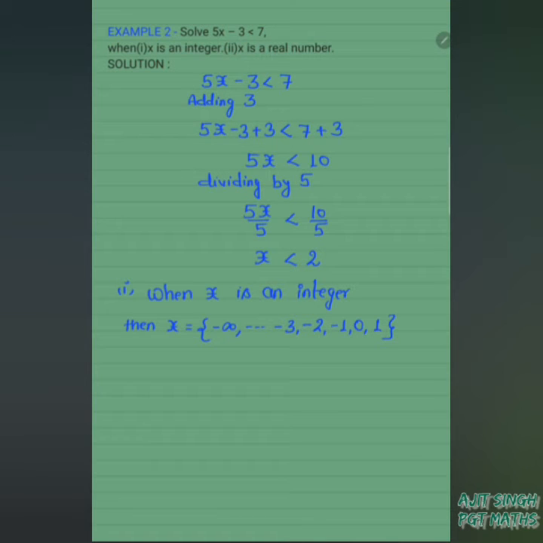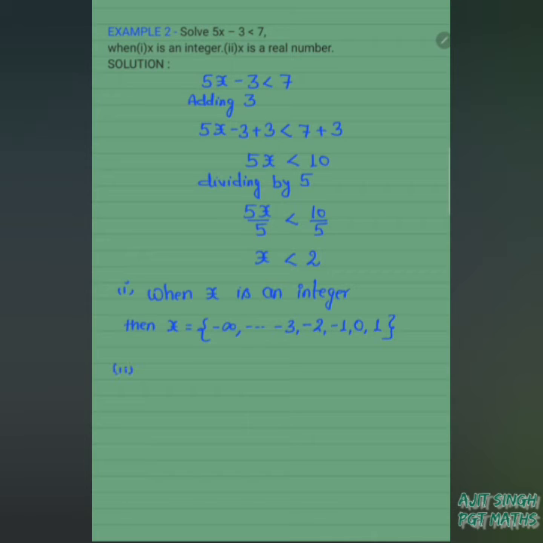The first integer less than 2 is 1, because there is a sign of less than only. If this were the sign x less than or equal to 2, then we would include 2 in the solution set of x, but it is only x less than 2. So the first value will be less than 2, that is 1.